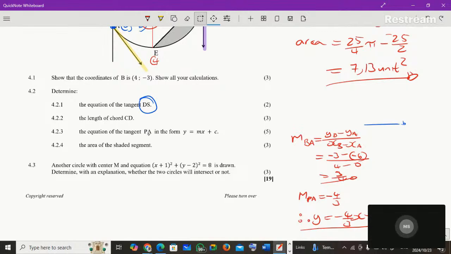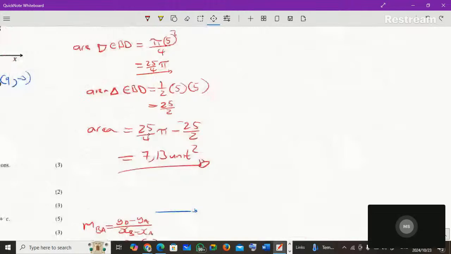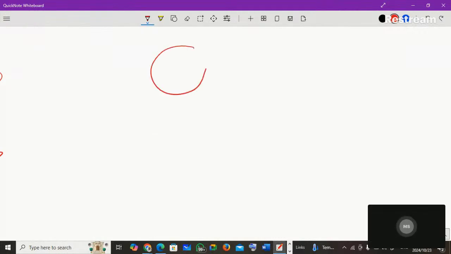Now let's see how circles intersect. In order for circles to intersect, if we have this circle here and this circle here, this one is circle A, this one is circle B. Circle A has its radius, circle B has its radius.